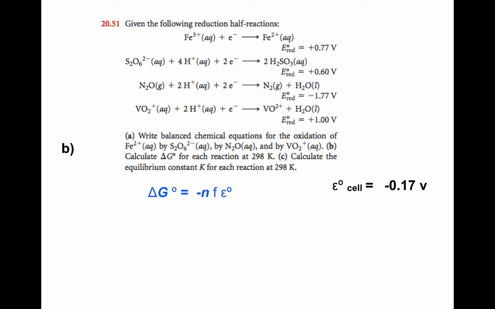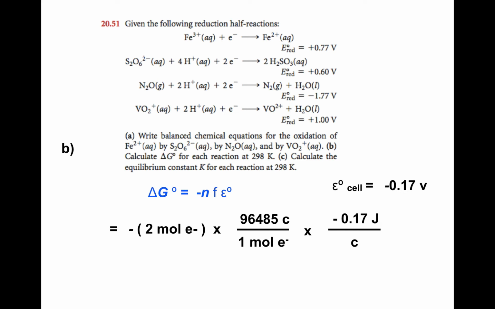So if you look at the relationship between G naught and E naught, N stands for moles of electrons being transferred, F is Faraday's constant, and if you multiply negative NF by the voltage, it's a way to convert to free energy change at standard conditions. So 2 moles of electrons were transferred, multiplied by Faraday's constant, moles of electrons cancel, multiplied by volts, which is joules per coulomb, coulombs cancel, and I'm left with joules.